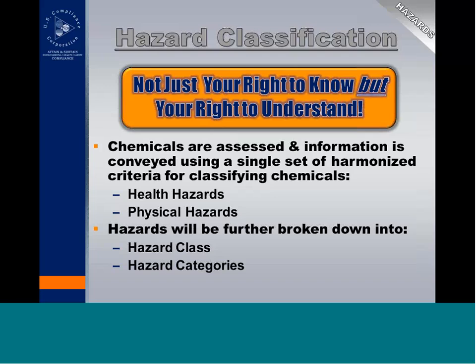And what this is designed to do is ensure consistent evaluation and assessment of chemicals so that we have warning labels that match up from one material manufacturer to another that is making the same product.